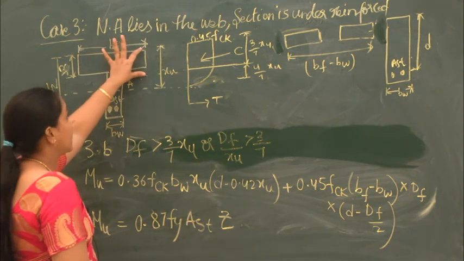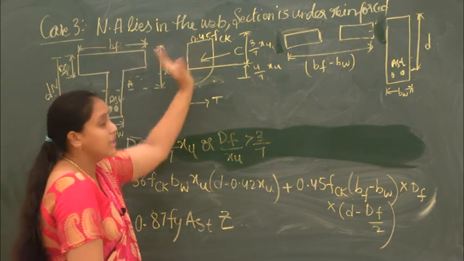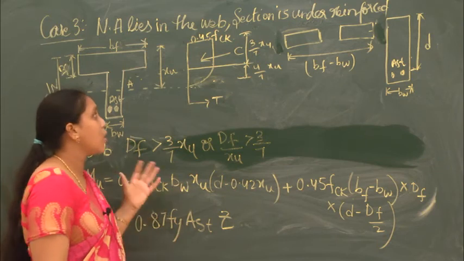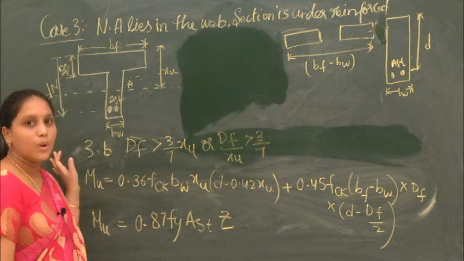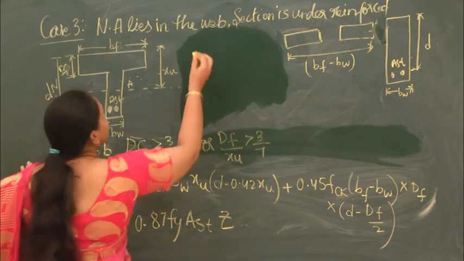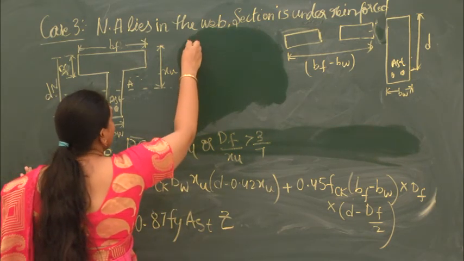So if this particular dF is more than 3 by 7 XU, what is happening? The stress block here is varying. How the stress block is varying? We can draw it.